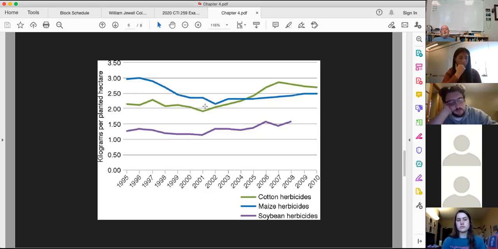So what you should expect to see is actually not a decrease in herbicide use, but an increase. And what we don't really see, except maybe in cotton, is a huge uptick in herbicide use. So Branson, since this was your section, did the report say anything about why they didn't see an increase when they should have?